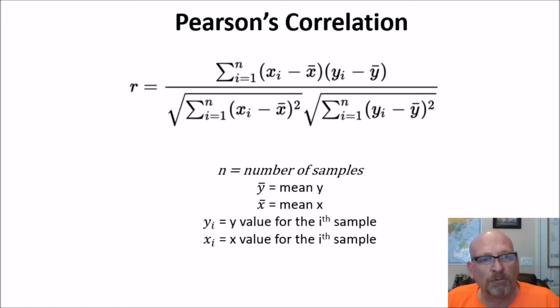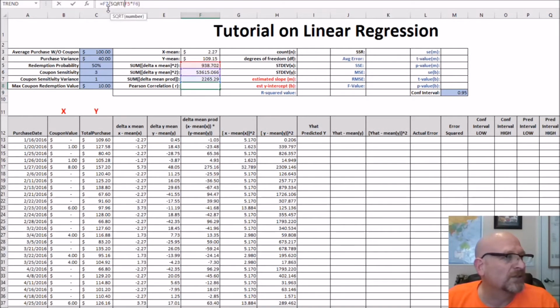And we're going to divide it by the square root of the sum of the x minus the x mean squared and the sum of the y minus the y mean squared. We've already calculated these, we just haven't calculated the square root of that. So this here is my Pearson correlation. This is F7, which is my delta mean prod, divided by the square root of F5 and F6, which are the delta x mean squared and the delta y mean squared. That's what gives us the Pearson correlation.